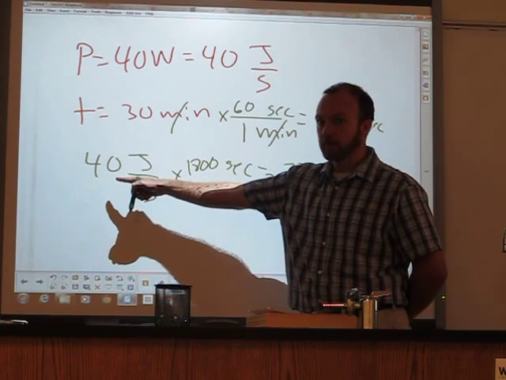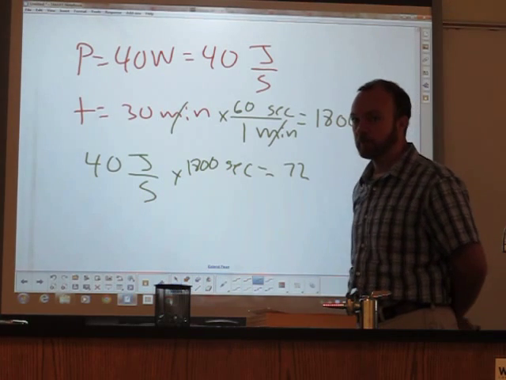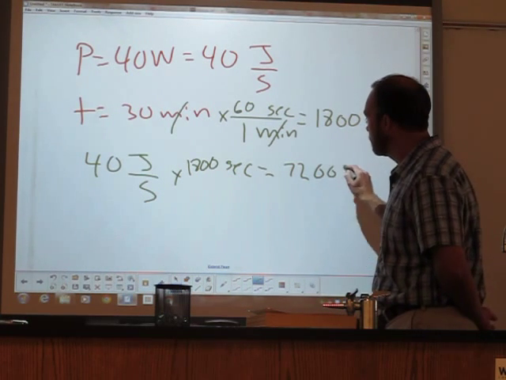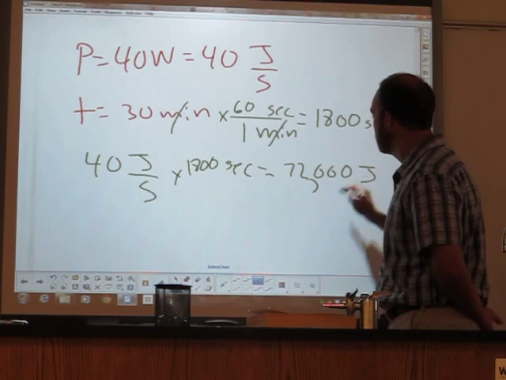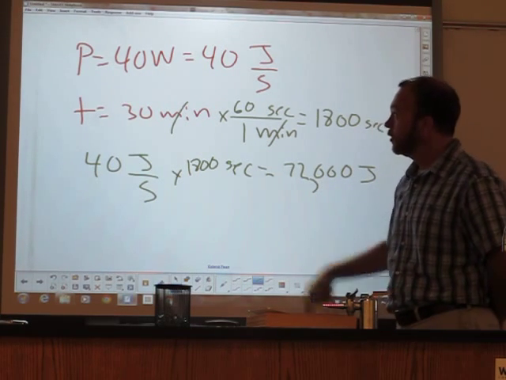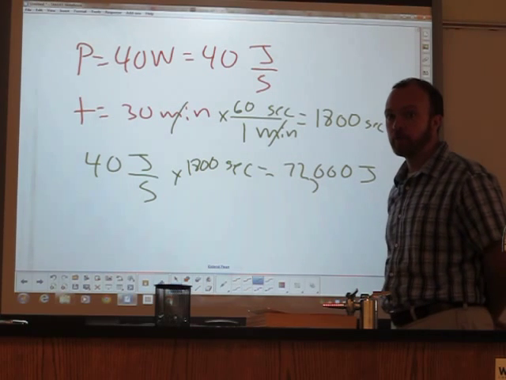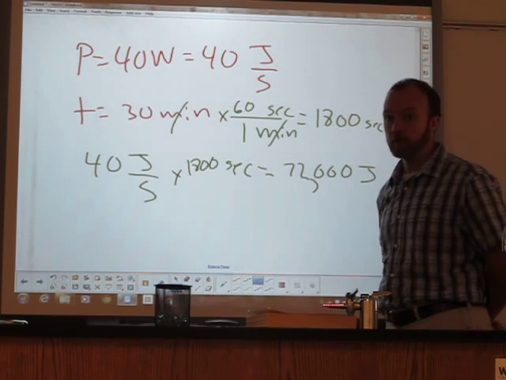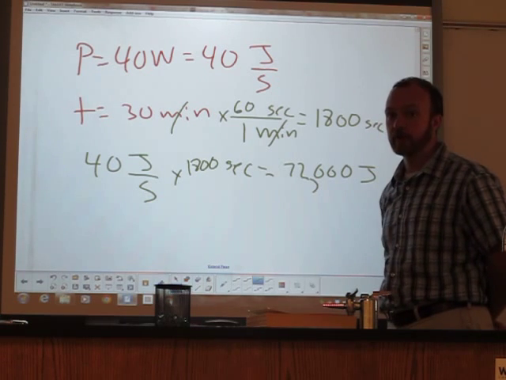There's a 0 as a placeholder, that's a 10. 2 more zeros, so 3 zeros. So 72,000 joules. Notice, we can work the problem without knowing the formula if we know how to follow the units. That's not always true, but it is often the case, and that unit analysis method should be very helpful.